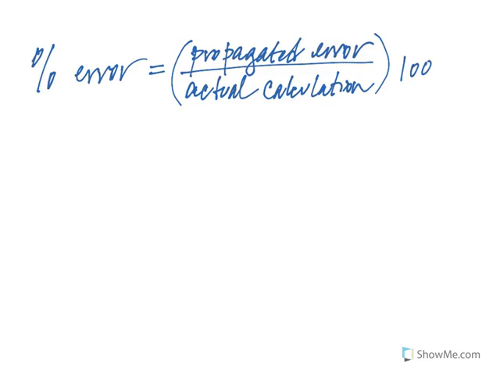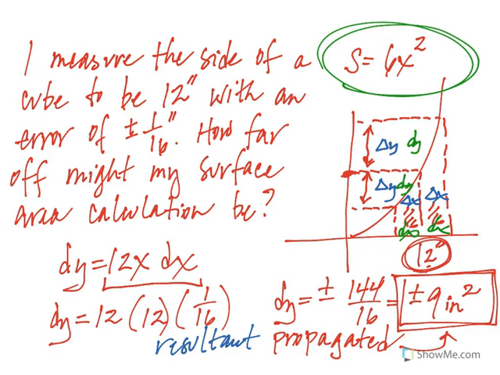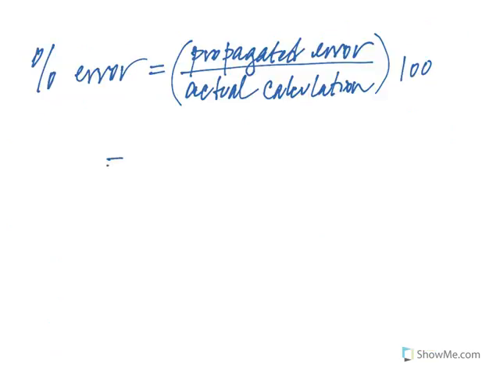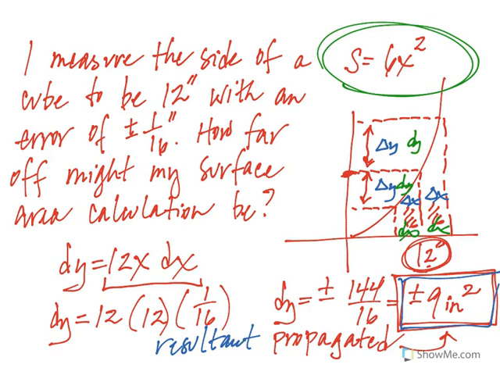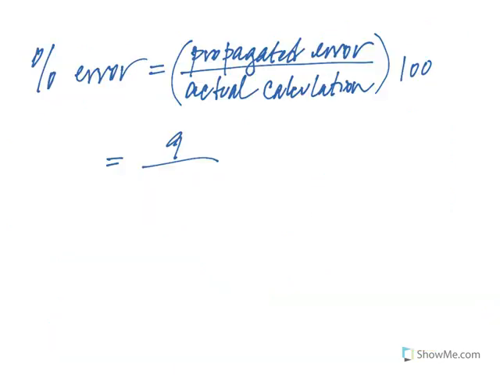So if I look at my prior example and I wanted to know the percent error, if I was off by plus or minus 1/16 of an inch, I'm going to take this, so that's 9 on the top, I'm going to use the actual measurement, but it's not the actual measurement of the side, it's the actual calculation of the surface area.